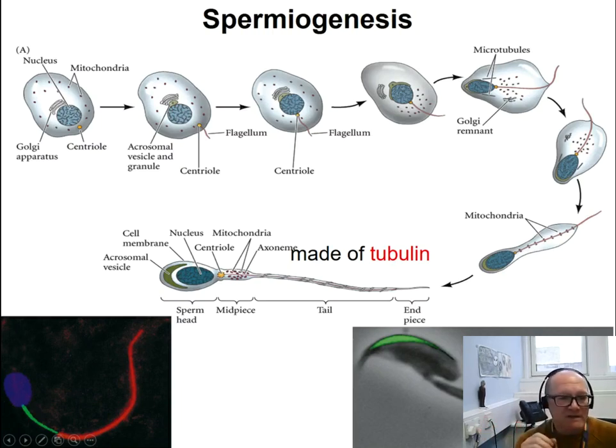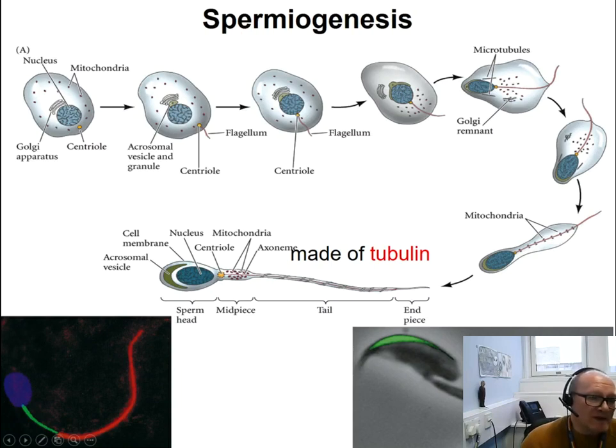The Golgi apparatus is very important because it will produce the acrosomal vesicle and granules. Now, the acrosomal vesicle and granules are fundamental for hybridization with the egg and therefore fertilization. So if this acrosomal vesicle is not produced or it is broken during production, then fertilization cannot occur.